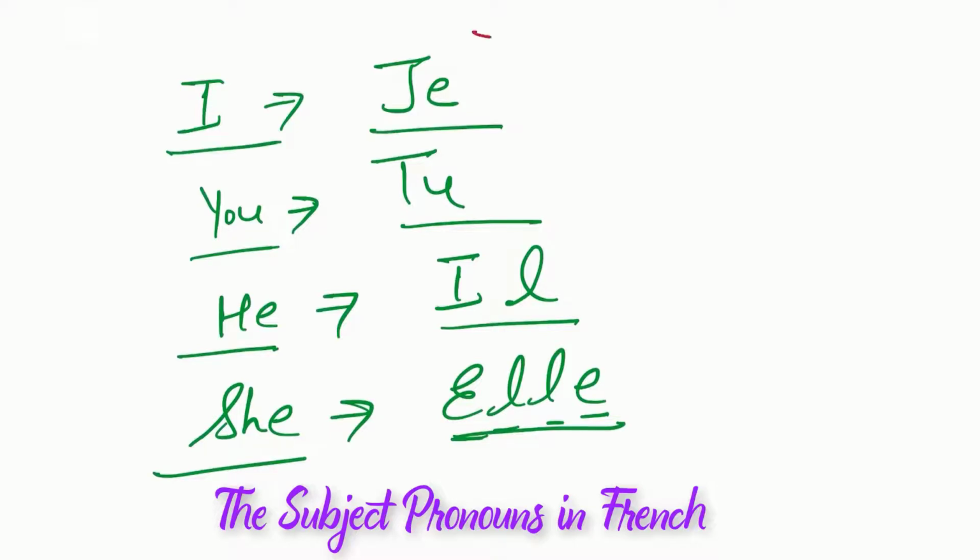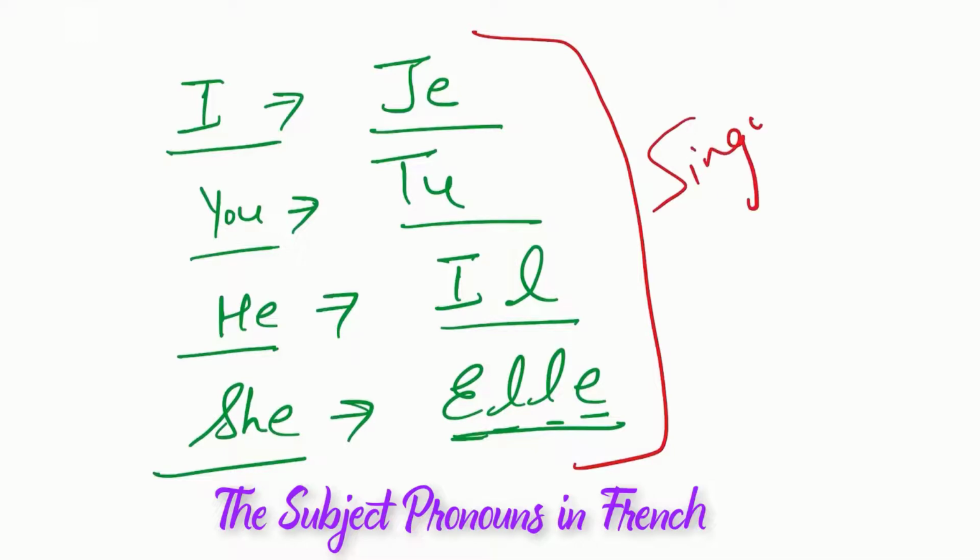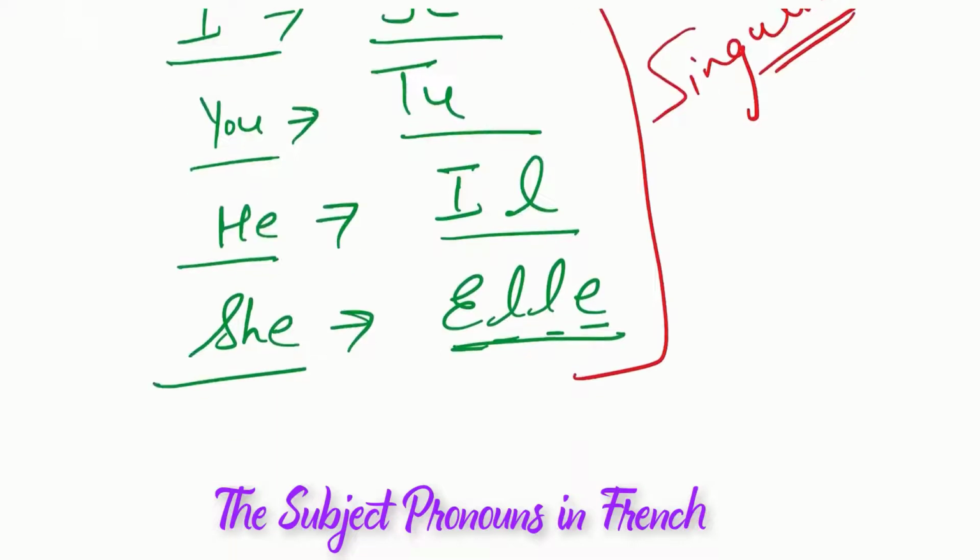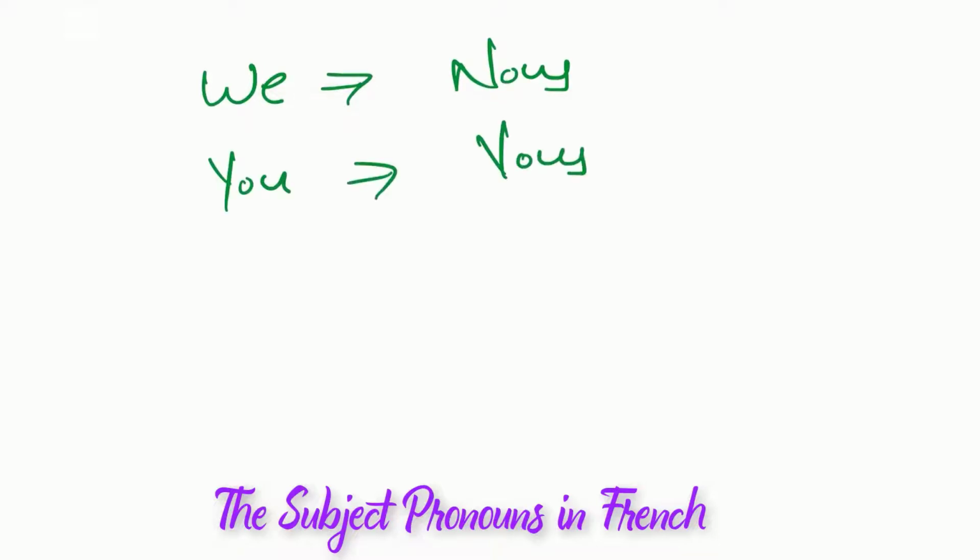So these all are singulier pronouns. Okay. So let's see the plural one now. We is nous. You is vous. They is ils.